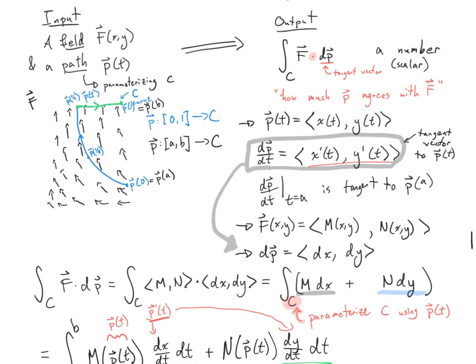So if you imagine yourself kind of walking along, integrals add up lots of numbers. So the numbers you're adding up are the dot products of your path and its tangent derivative. So that's my p prime at time t. And maybe f. So here it looks like here's what f is at p of t.